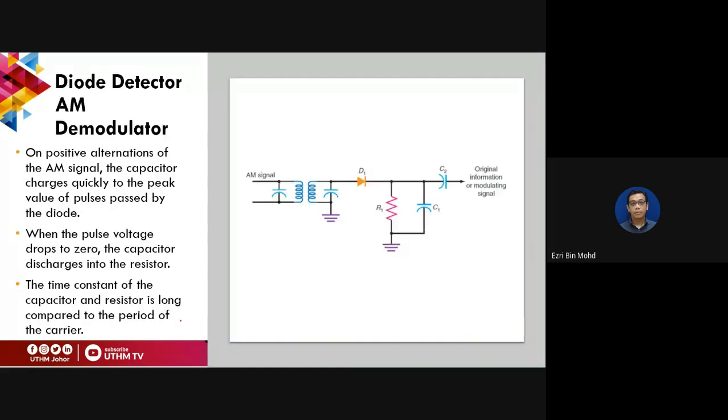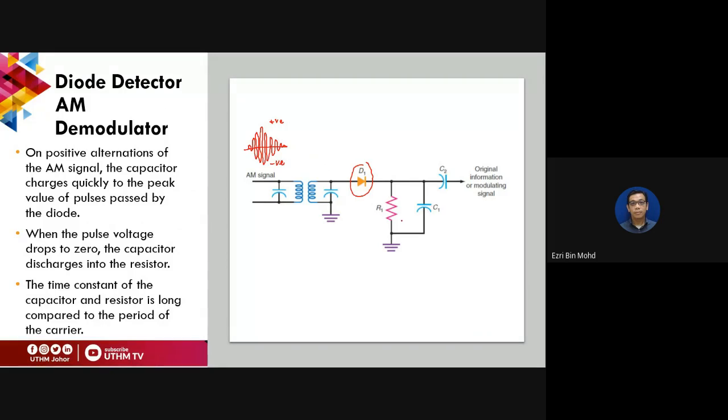Okay, here is the diode. Let's say this is the AM signal, which we get like this. The diode here allows the positive side of the signal to pass through and blocks or eliminates the negative side of the AM signal.